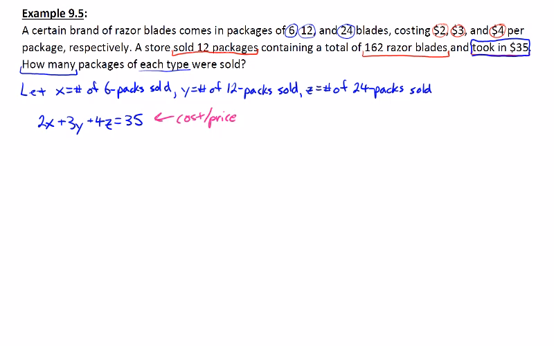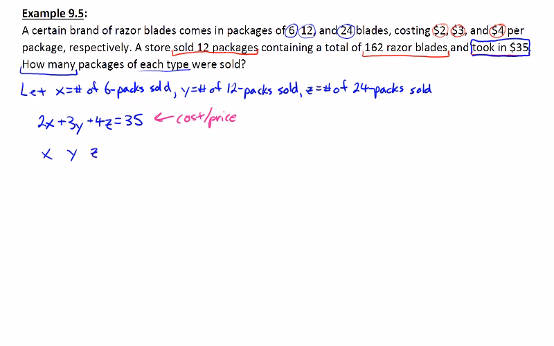Then I read a little bit further. It says a store sold 12 packages. Now that doesn't mean that they were all 6 packs or 12 packs or 24 packs. That just means the total number of packages is 12. Well, X represents the number of 6 packs, Y represents the number of 12 packs, and Z represents the number of 24 packs.